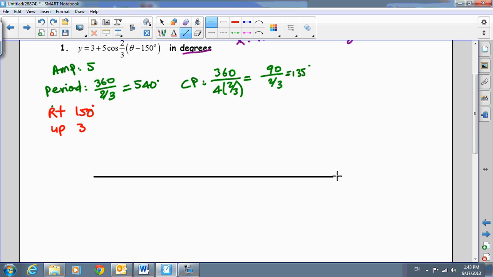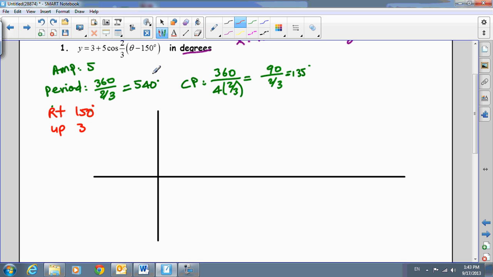Let's go ahead and try to graph this function. Always start with my x-axis, and here is my y-axis. To label it, since I'm moving everything 3 units up, I will make myself a dotted line at 3.